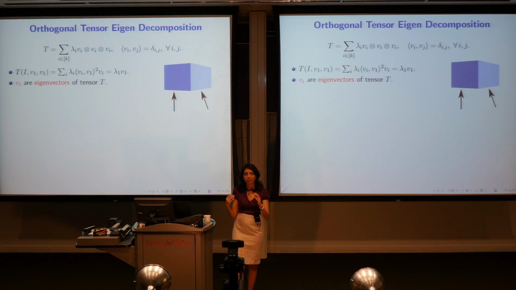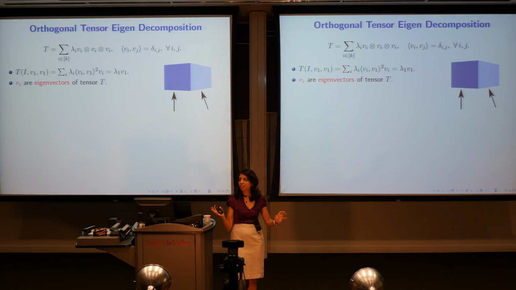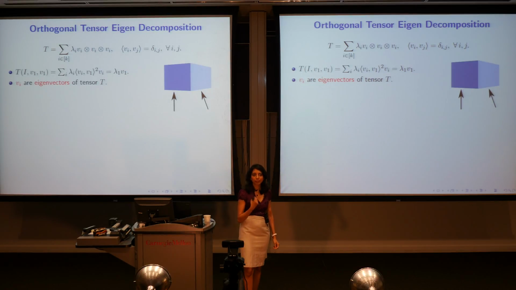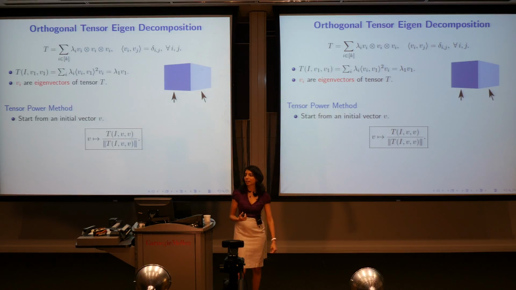So if I contract the tensor along two of these dimensions, I get a vector back. And if it is the same vector as I input, then it's a fixed point of this operation. And this is the notion of eigenvectors for the tensor. Right? So we did this yesterday, I'm just recalling that. And that's why we employ this power method for finding the eigenvectors. Because the hope is even though I start from any initial point, I'm going to eventually converge to these fixed points.